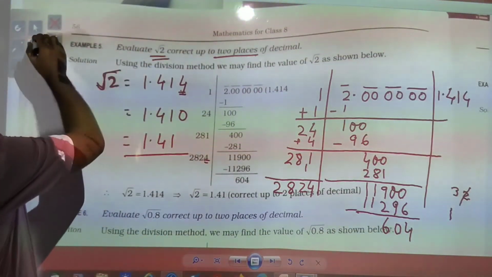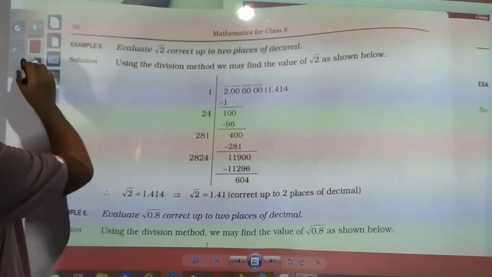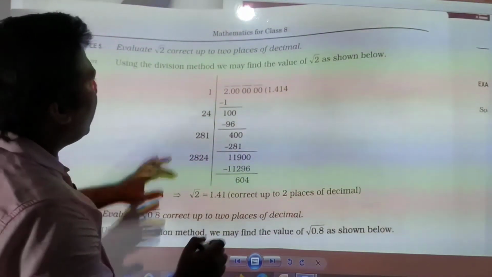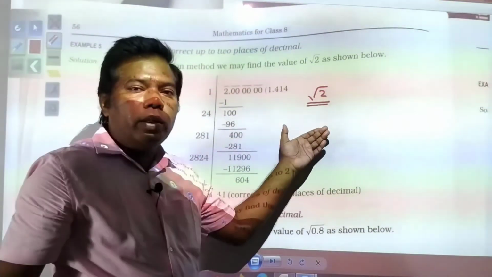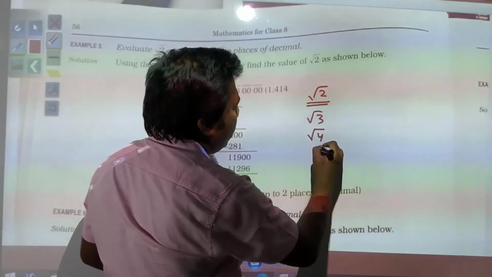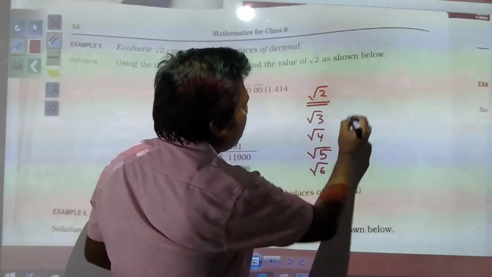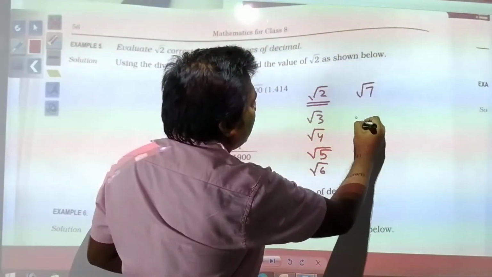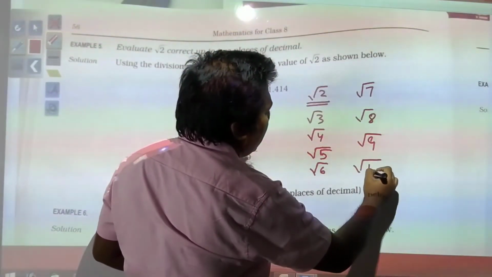So as here we learned today how to find out the square root of 2, this will be your homework. You need to do root 3, root 4, root 5, root 6, root 7, root 8, root 9 already you know, and root 10.